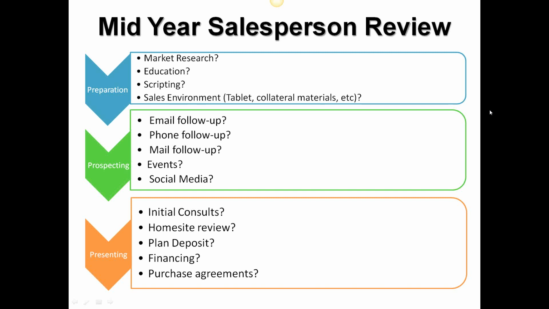And with preparation, we begin with market research. The question here is, are you as a salesperson or are your salespeople conducting an adequate amount of market research? I'll give you an example. I'm meeting with a client last week, and they were getting ready for an event, a parade of homes.